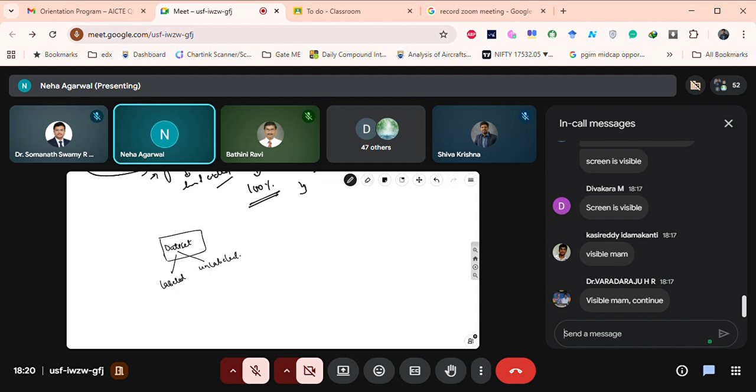Labeled means that you have the combination of inputs and outputs there, and unlabeled means that you have only the inputs there. I will come to that, don't worry. So when I have some data set, that data set is going to tell me what type of problem you have.